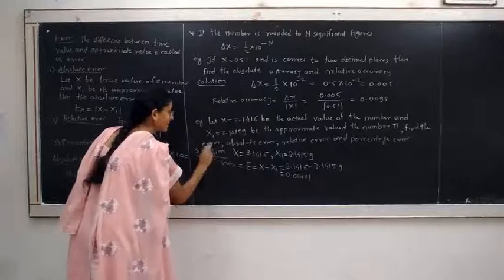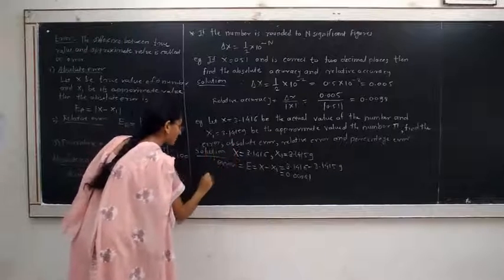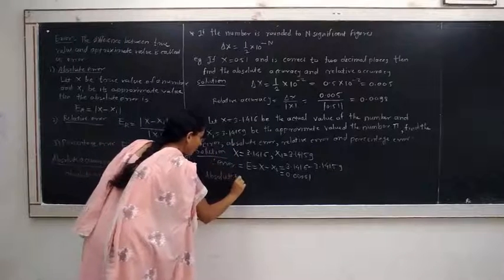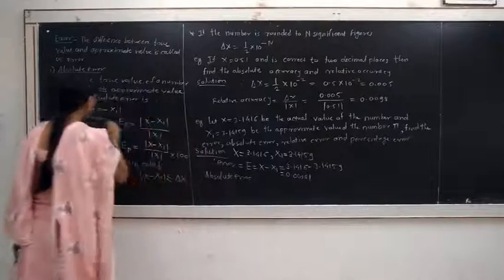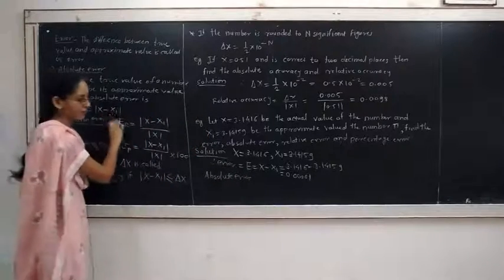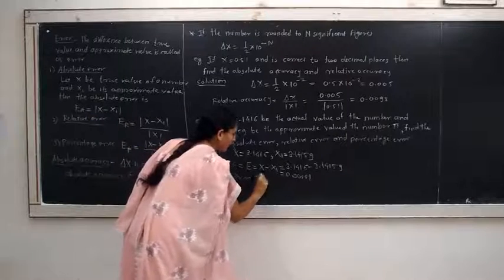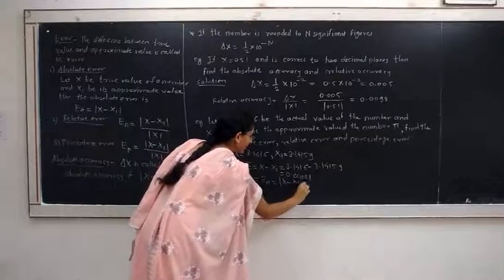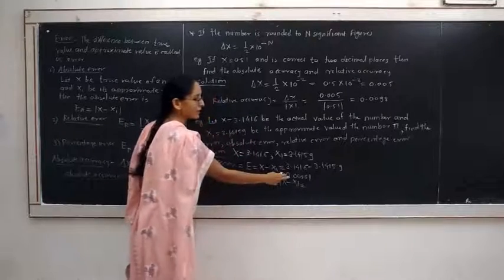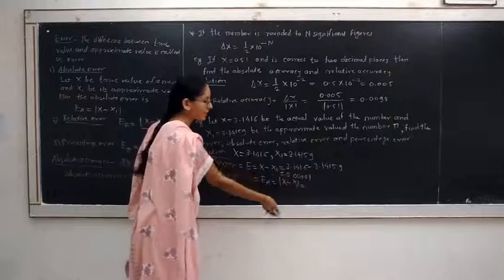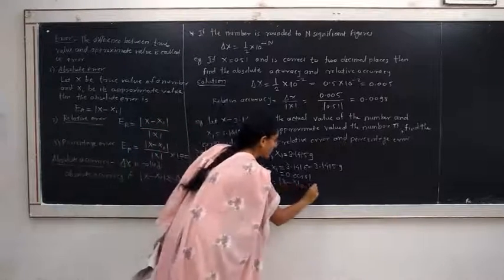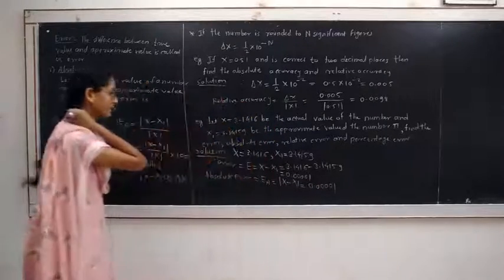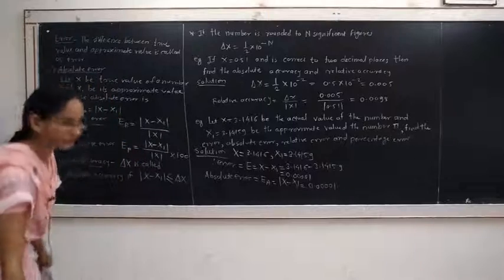Now, next we have to find the absolute error. As per the formula, mod of x minus x1 is equal to EA. Mod of x minus x1 is this value, which is positive, hence its modulus is again the same value, 0.00001. Next, we have to find the relative error.